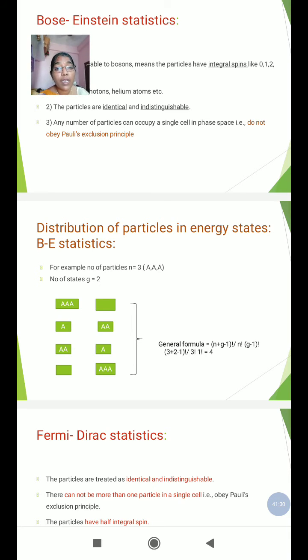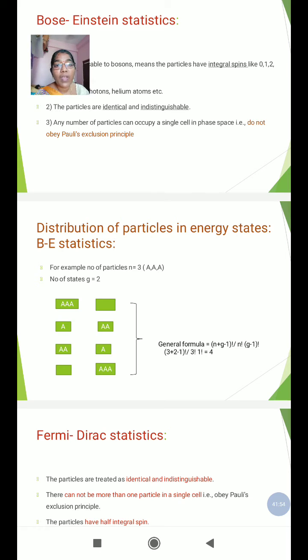How can you find this with a general formula? Because if we have only 3 particles and 2 states, then we can easily tell how many ways there are. But if you have n number of particles, say 50 particles and 25 states, then how many possible ways are there? It is somewhat complicated.